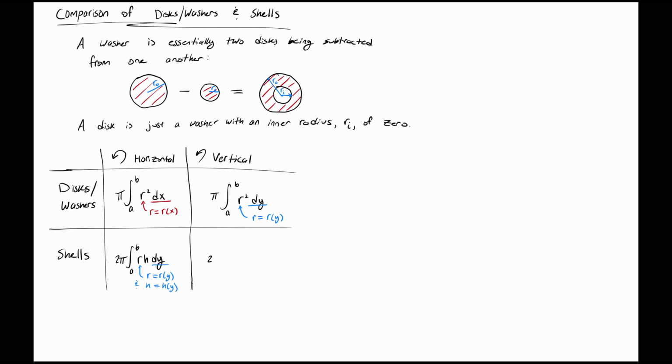Over here, we've got 2 pi integral from a to b of r times h dx, if we're rotating about a vertical axis. So again, the radius must be a function of x and the height must be a function of x.